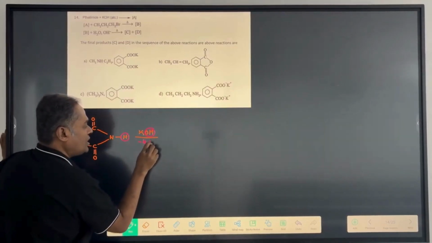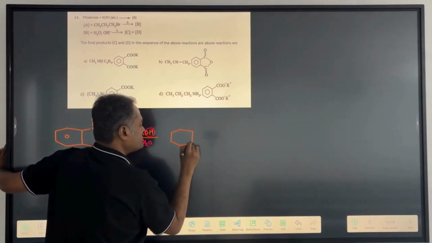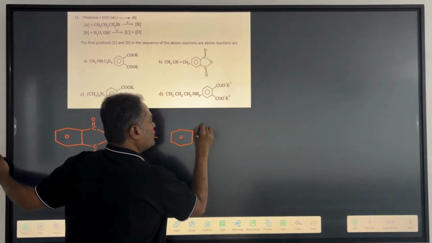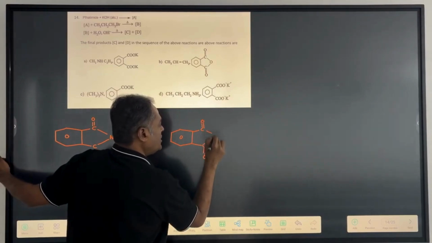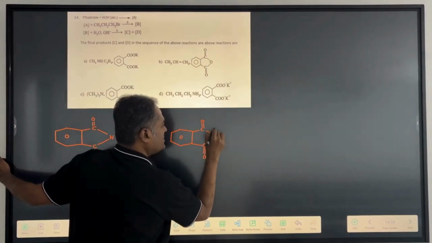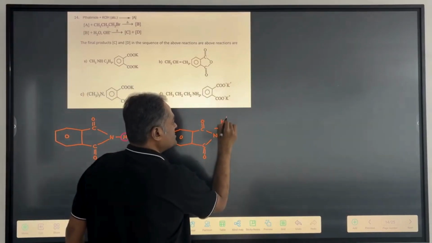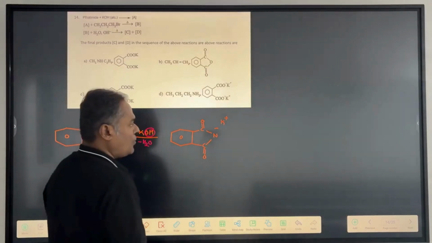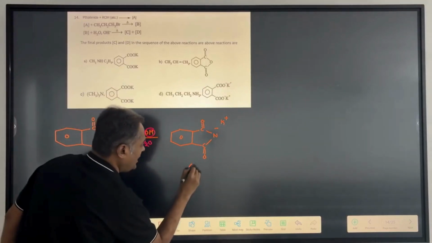So, what is the product we have? We will have again the same part, where there is a carbonyl group, and here you have got N minus and your K plus as a salt. Now, this is nothing but compound A.